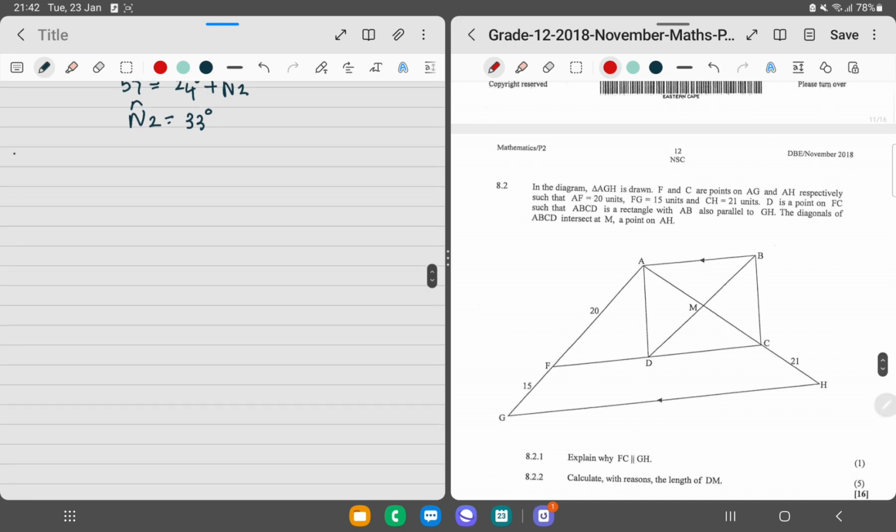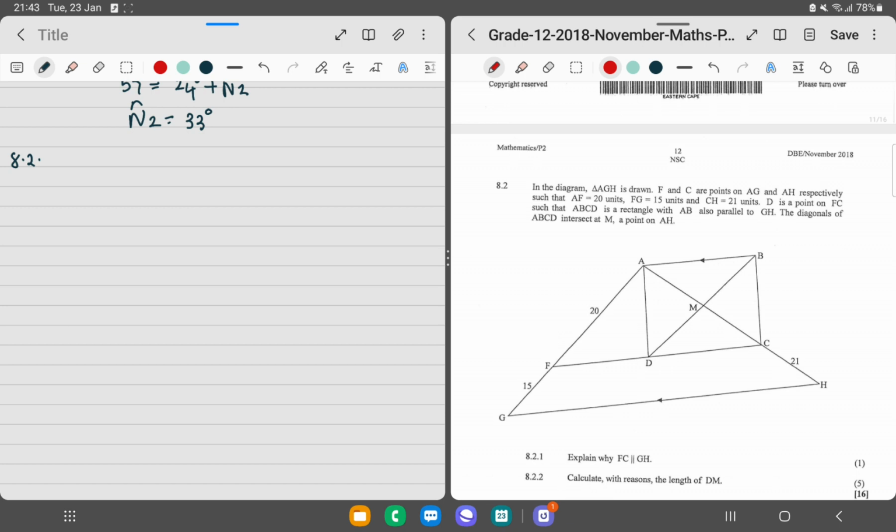Then question 8.2. In the diagram, triangle AGH is drawn. F and C are points on AG and AH respectively, such that AF is 20 units, FG is 15 units, and CH is 21 units.